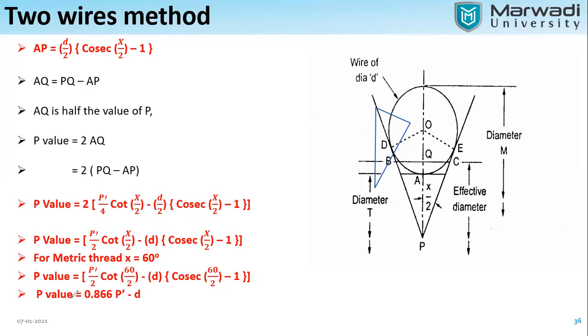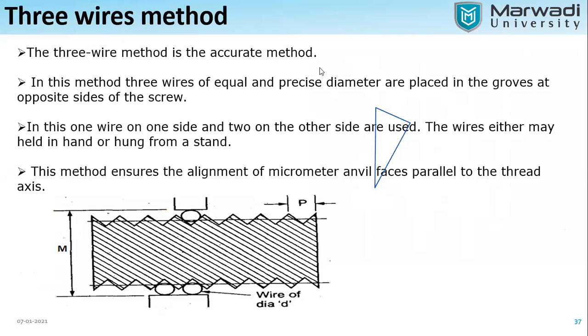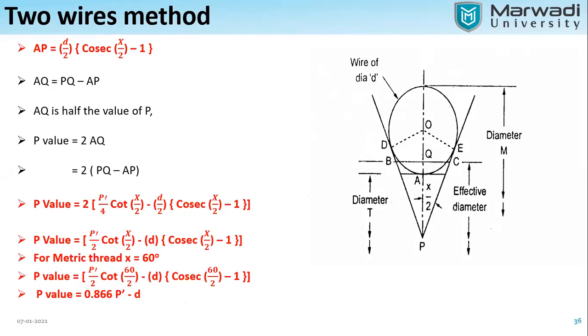So our final answer of P value for metric thread is 0.866 times P dash minus d, where small d is the diameter of the wire. So is it clear? We just have to find out the value of P.